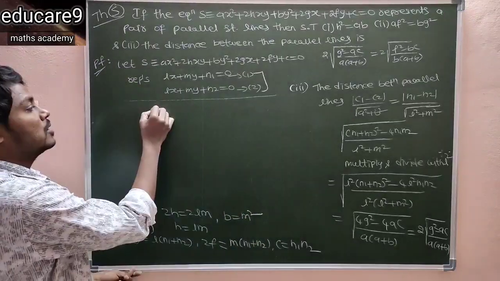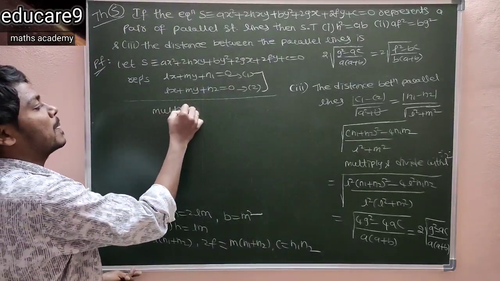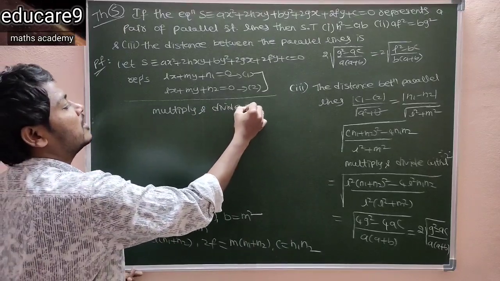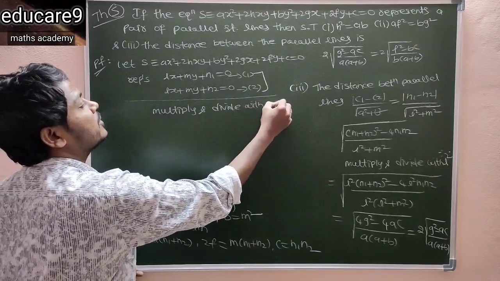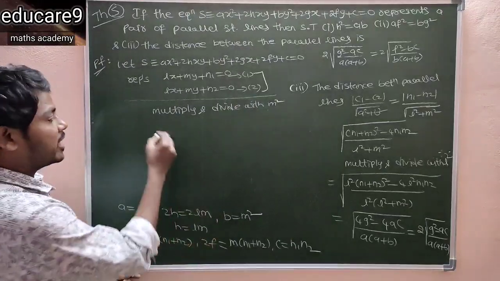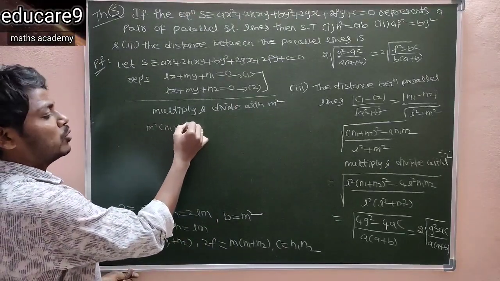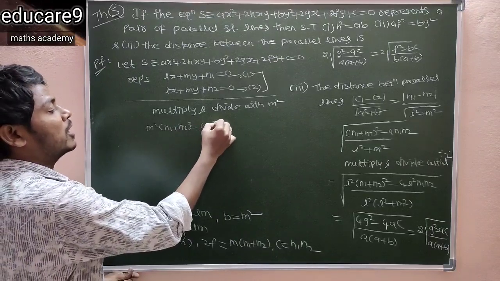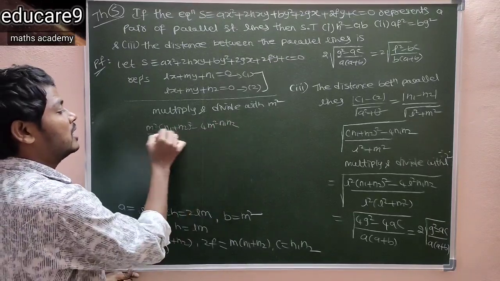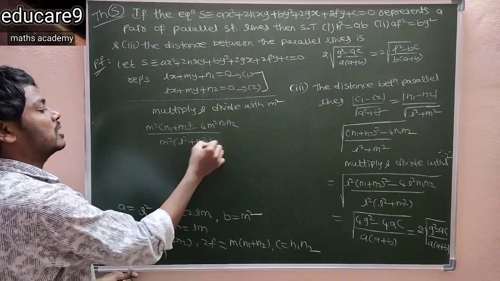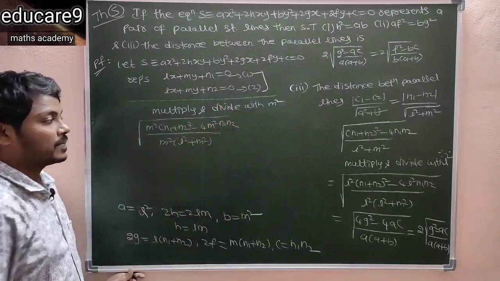Next you need to multiply and divide with M square. See here what you get: M square of n1 plus n2 whole square minus 4 m square n1 n2, divided by m square of l square plus m square. This is the square.